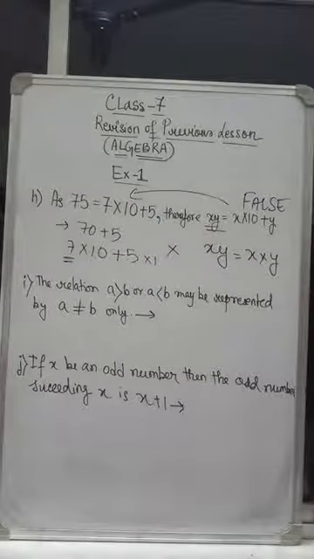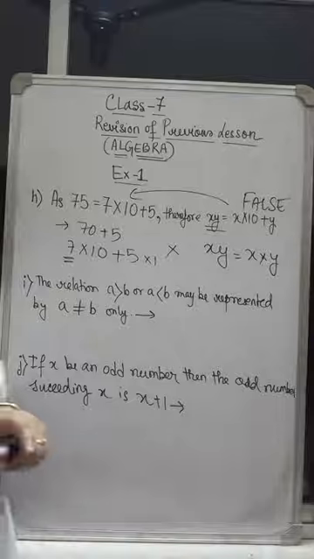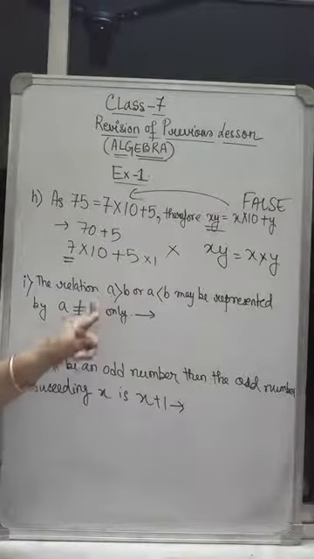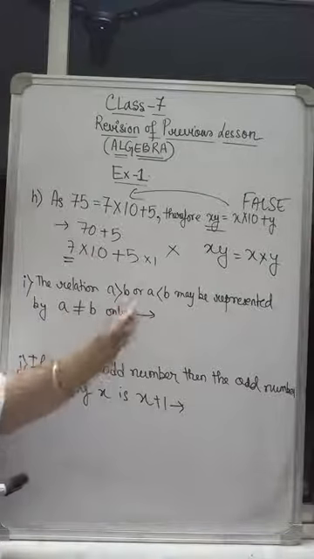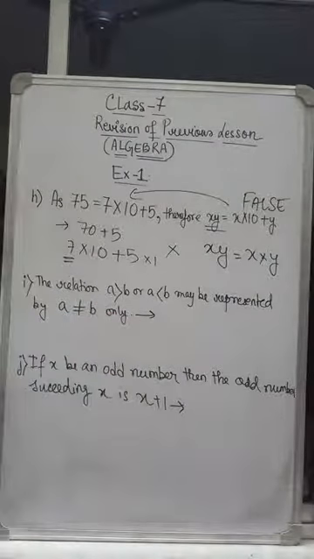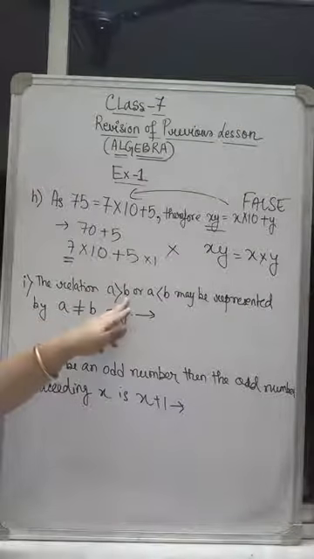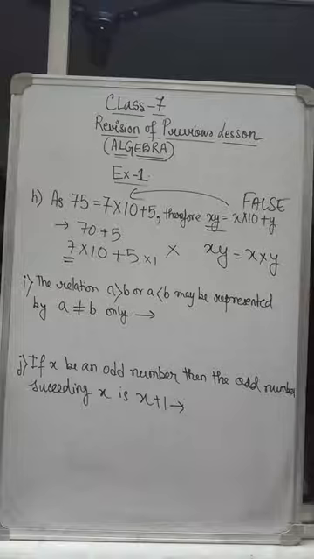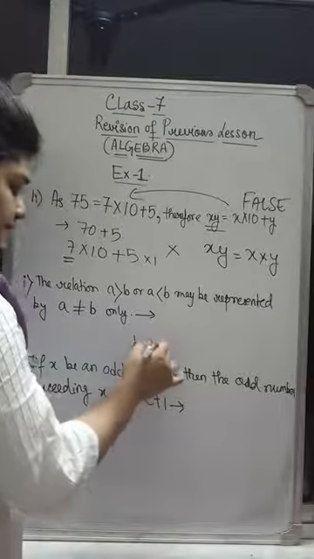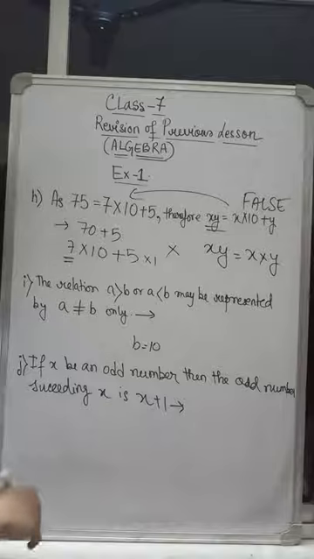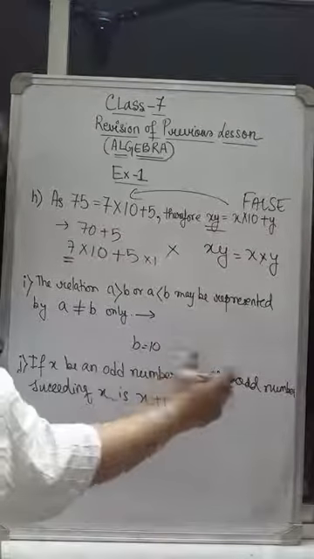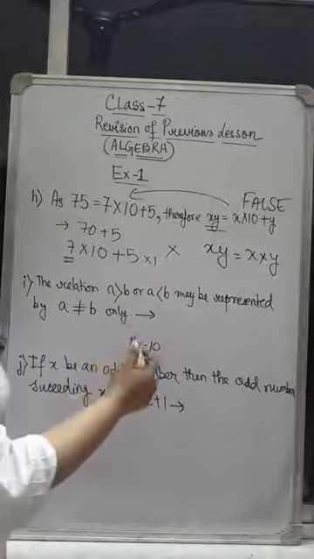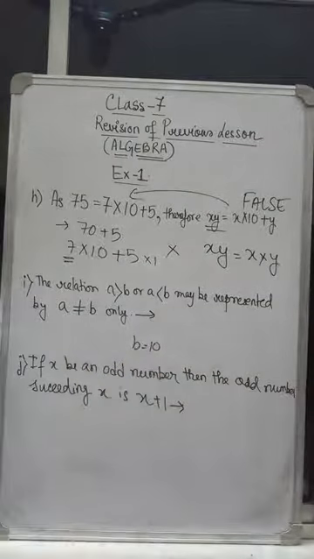The next one, the relation given that there are two numbers a and b. Now what is said? a is greater than b or a is less than b. That means either a is bigger than the value of b or a's value will be less than b. So suppose if I take b equal to 10, either a is smaller than b, so a can be 1, 2, 3, 4 till 9, or it is greater than b, which means a can be 11, 12, 13, 14, anything.